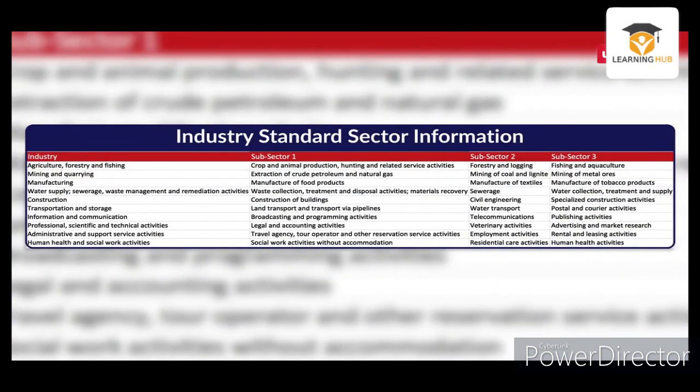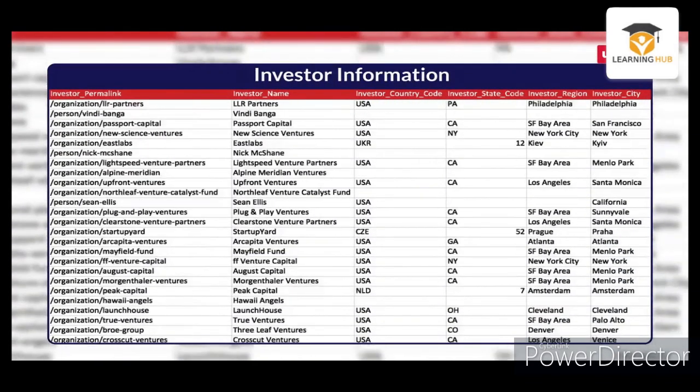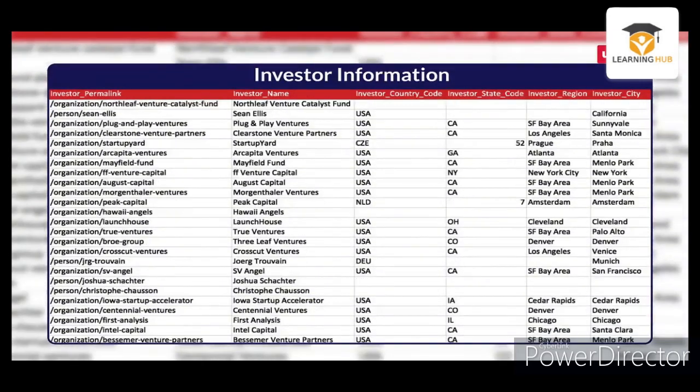There might be another database that contains industry standard sector information. There might be yet another database that contains information about investors themselves. So what we are saying is that when building a data warehouse, we must bring together all the information from these multiple sources into a single integrated data warehouse repository hosted in a single location.